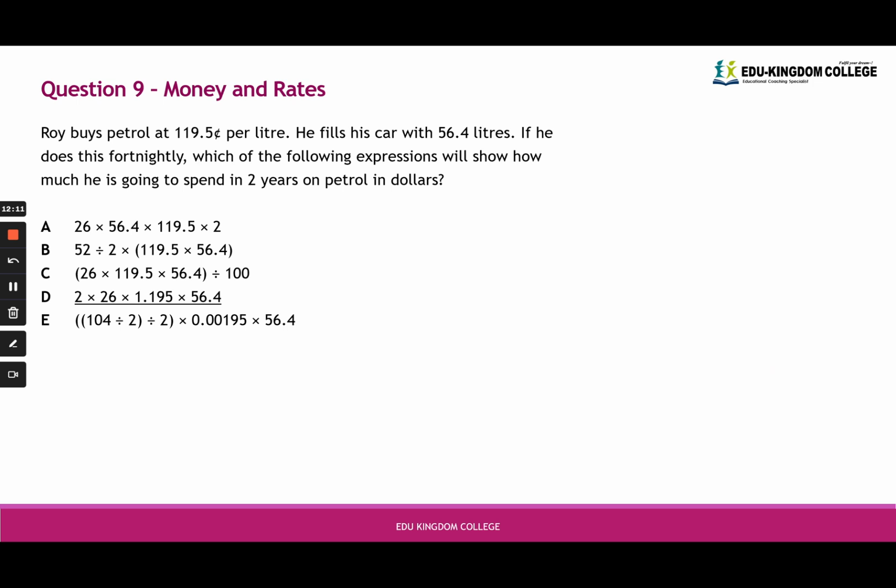Now, question 9. So Roy buys petrol at $1.195 per liter. He fills his car up with 56.4 liters. If he does this fortnightly, which of the following expressions will show how much he is going to spend in 2 years on petrol in dollars, right? So right now we want to know how much it costs in dollars, right?